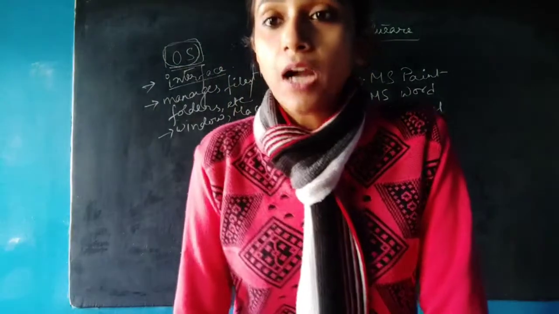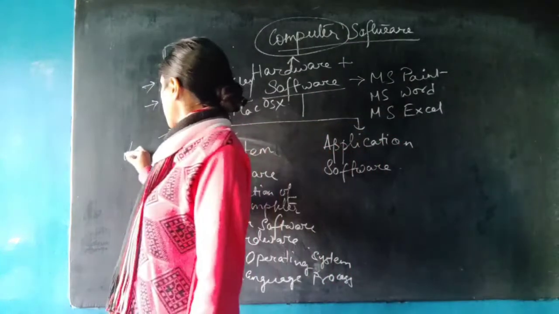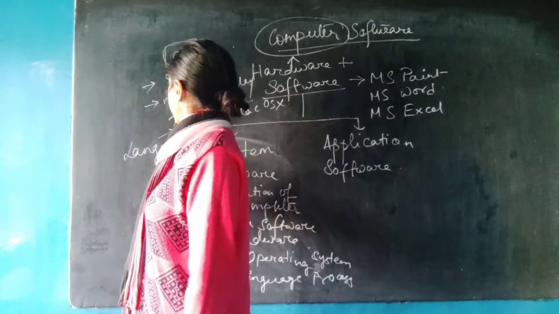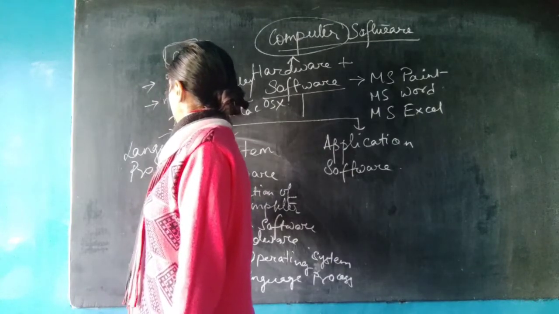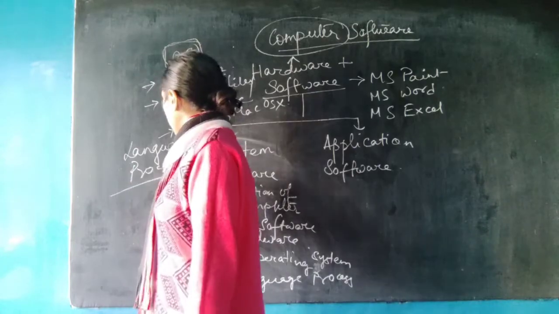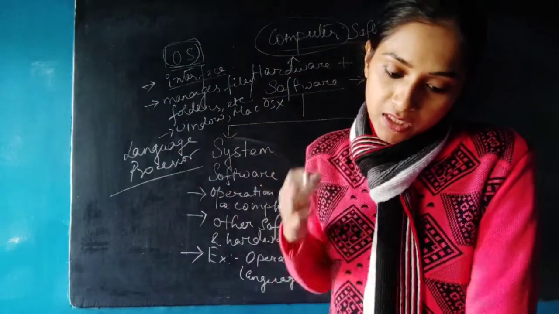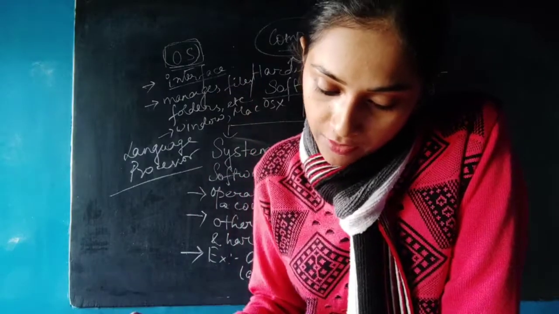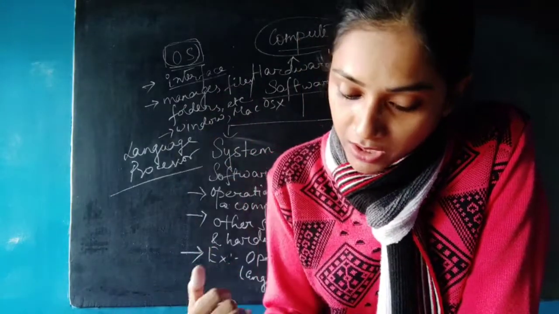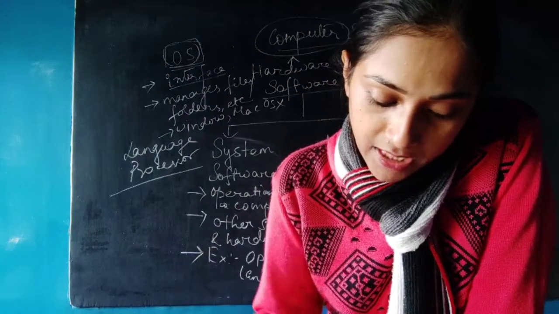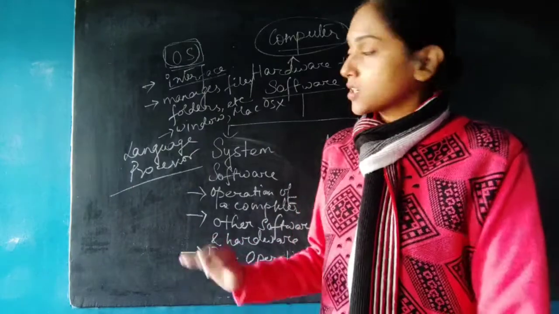Now coming to the next thing, that is the language processor. This is another software. By the term you can understand that language processor means a software that converts high level language, in which the user communicates, into low level language which is understood by the computer.